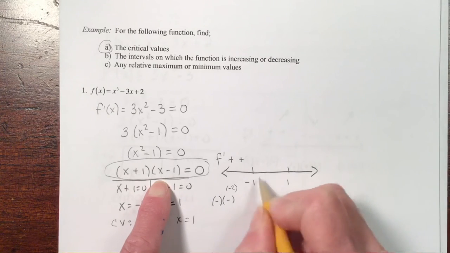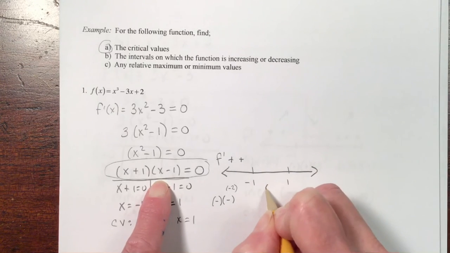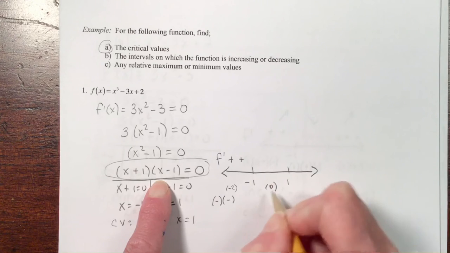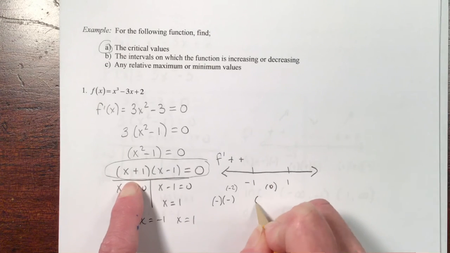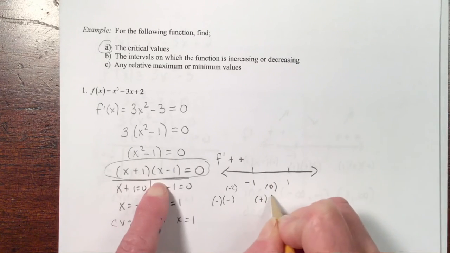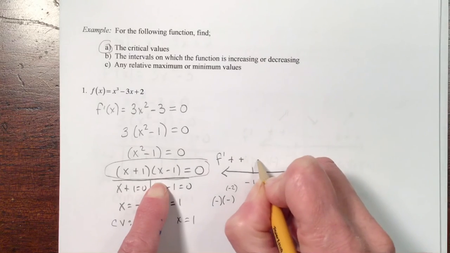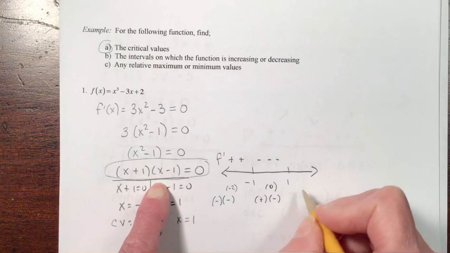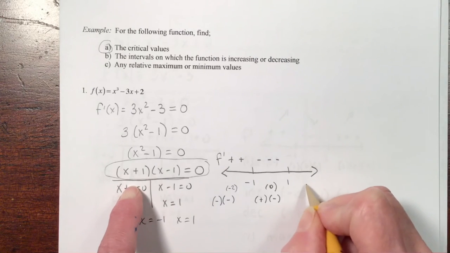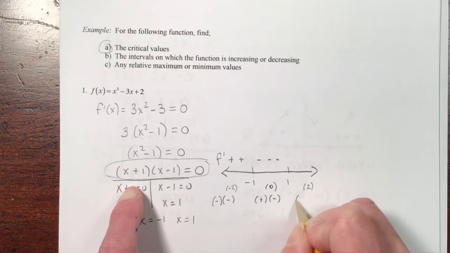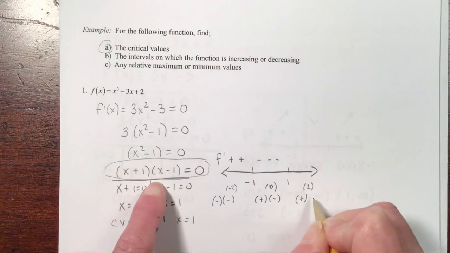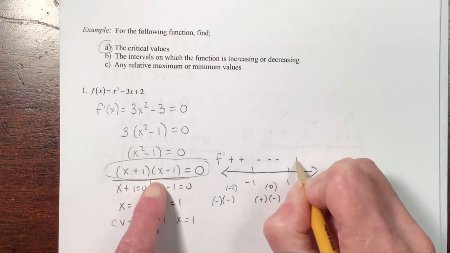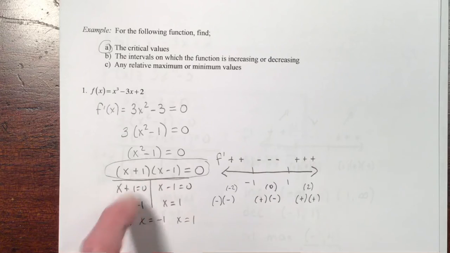If I take a number in between -1 and 1, pick 0, nice and easy, plug it in, I get a positive factor and a negative factor. So the derivative is negative in this interval. And if I take a number a little bigger than 1, let's say 2, I get a positive factor, and my derivative, once again, is positive.